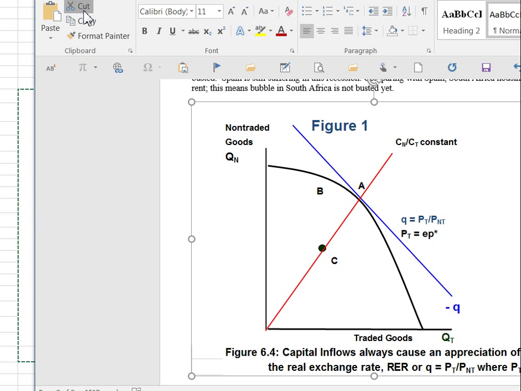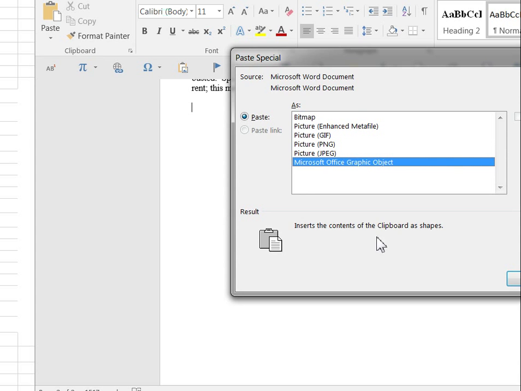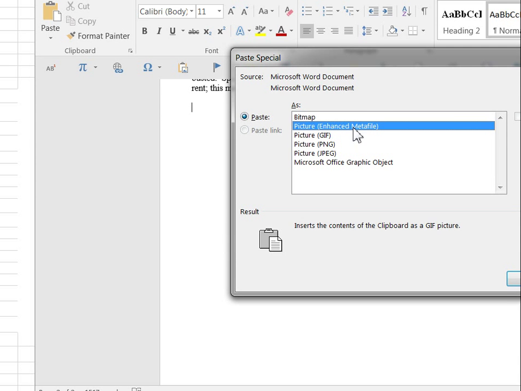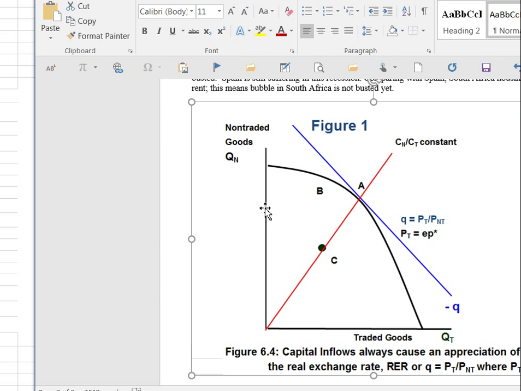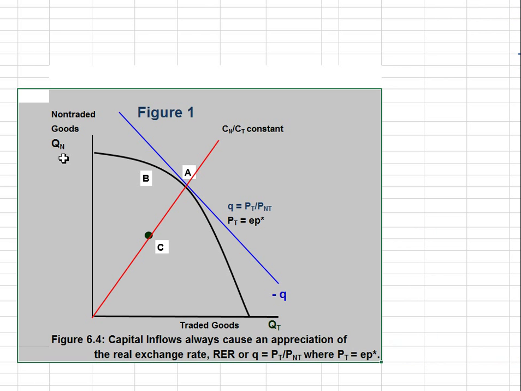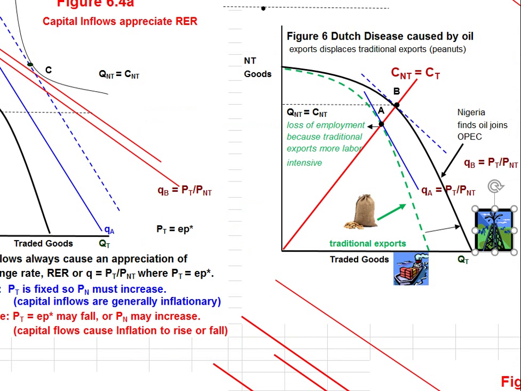Now remember, what happened is we probably, it did work, but do cut it and do paste special and enhanced metafile. And there it is. And you could change this in the spreadsheet. You can change this any way you want. Actually, I recommend using these A and B that have their own point, which has been inserted as a symbol.